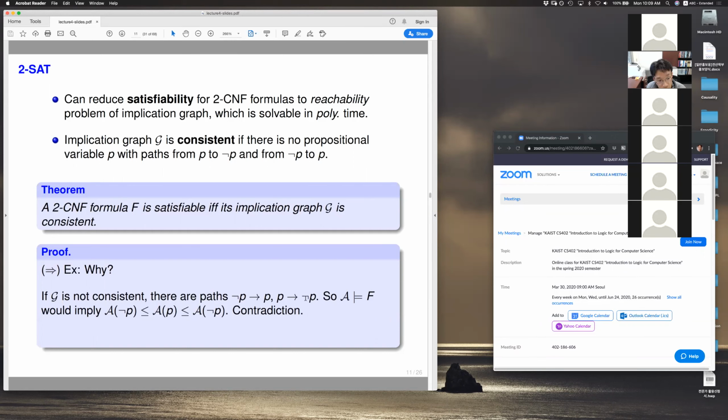Because this graph G essentially encodes implications from the propositional logic formula F that we started with, we can prove that the negation of P implies P, and P implies its own negation.